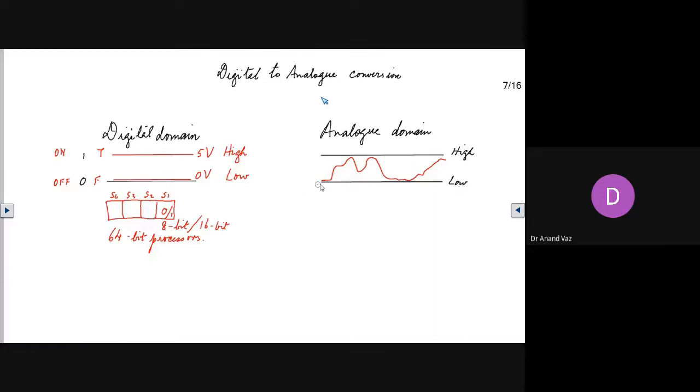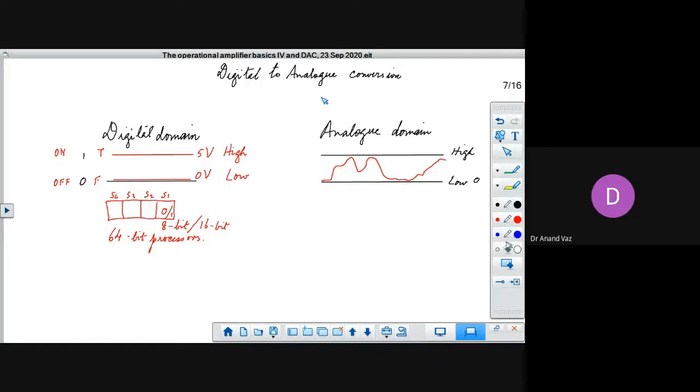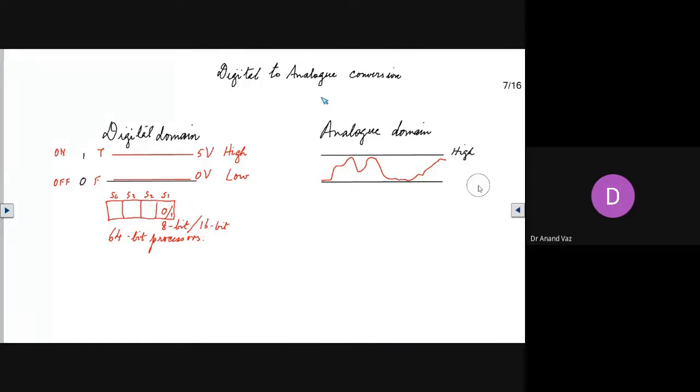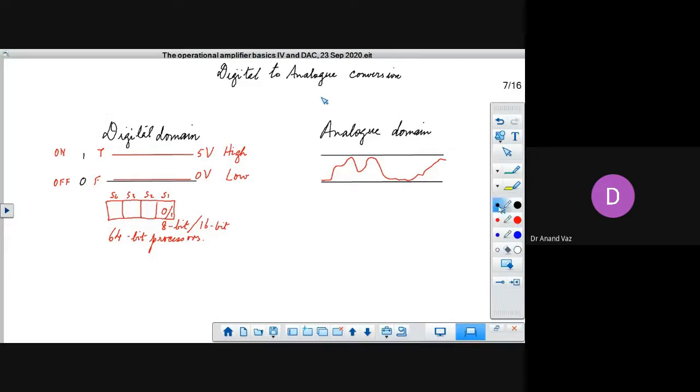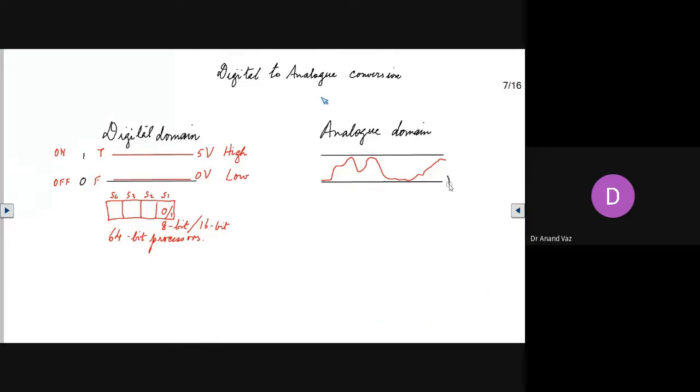So here you have, let's say, this is high. In fact, we won't call them low and high. Let's call them lower voltage, or let's call them V min and V max. I think that's more respectable.